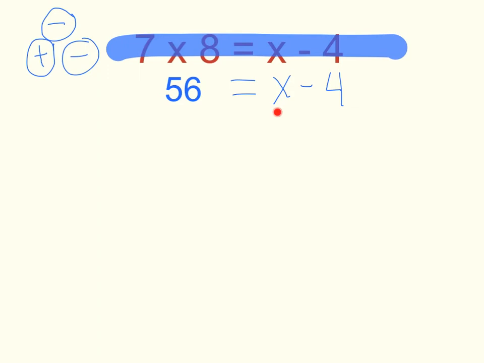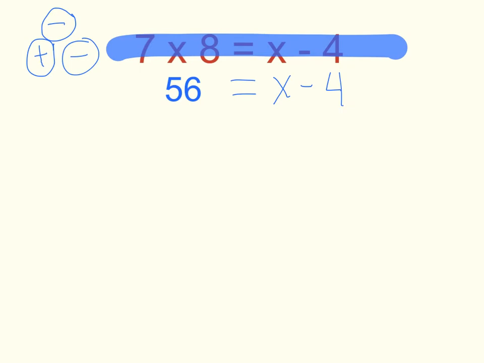I know that the first number in a subtraction problem, because we always read left to right, so we have to read this problem x minus 4, because we read left to right. So in x minus 4, the first number would go right here. And I know in subtraction problems, I need the first number to be bigger.